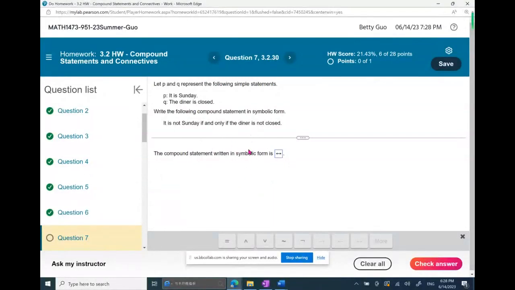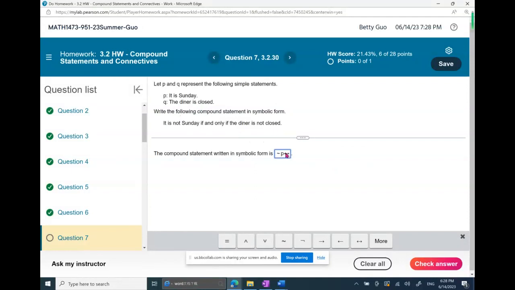So obviously this is if and only if, so it's biconditional. The first component says it is not Sunday. It is Sunday is P, so not Sunday would be not P. The second component is the part behind if and only if: the diner is not closed.